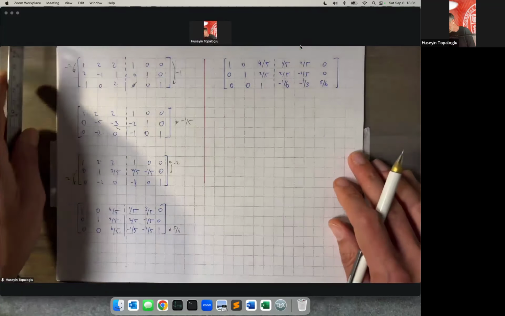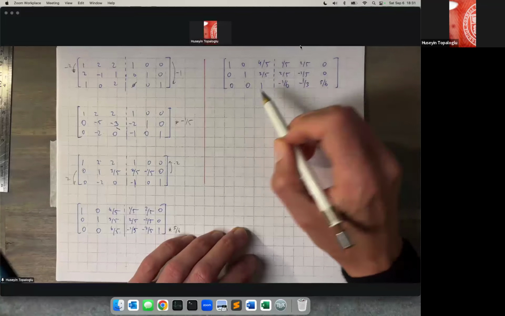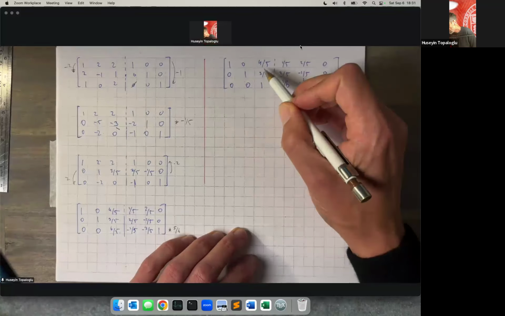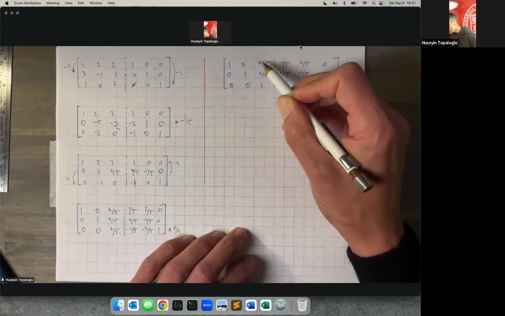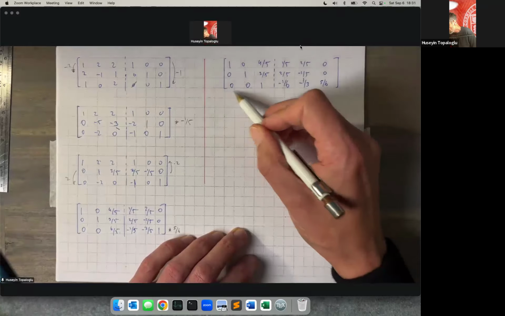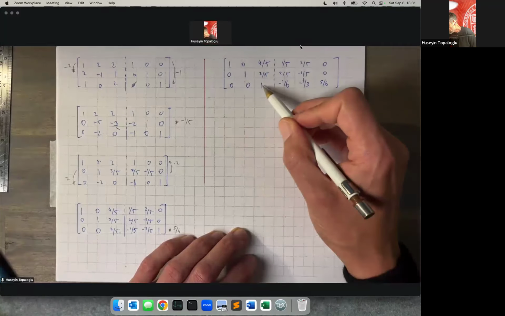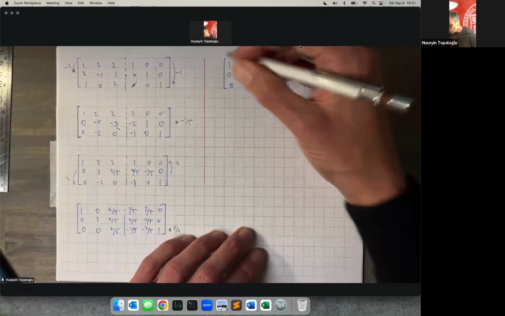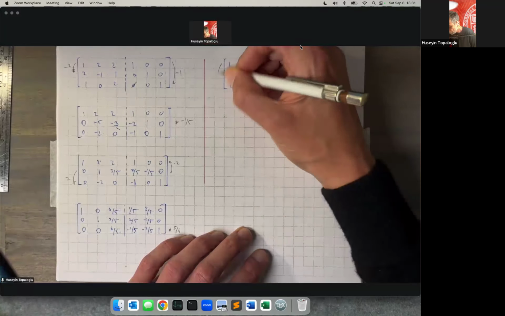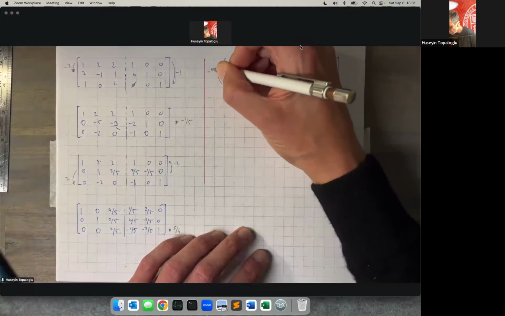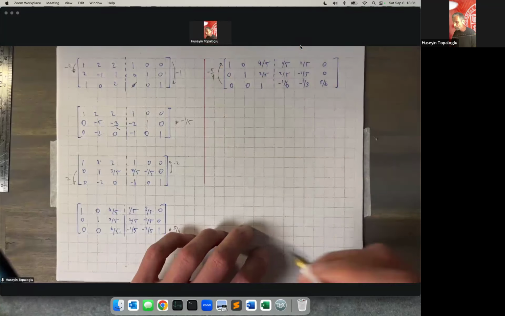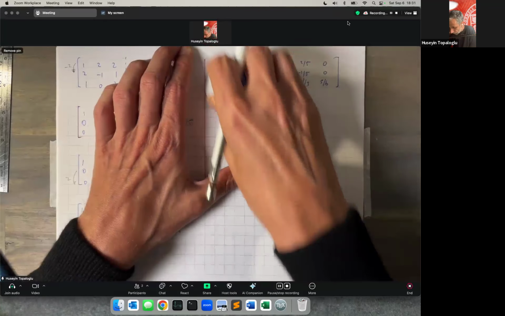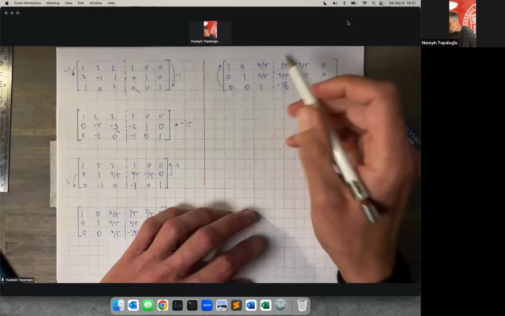So we need to do one last thing to get to identity. If I want this matrix to look like identity, I want a 0 here and I want a 0 here. I'm sorry, let's do this correctly.